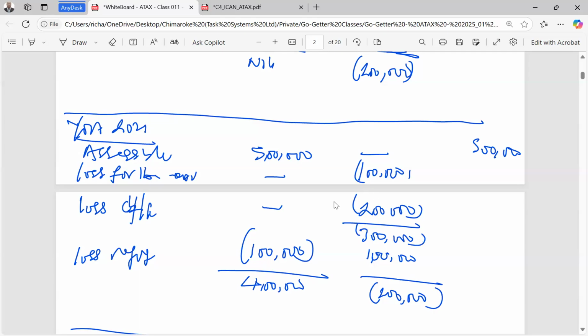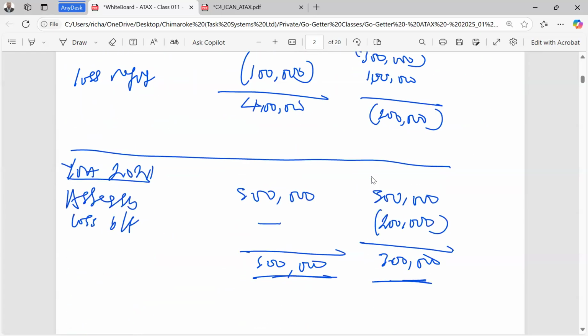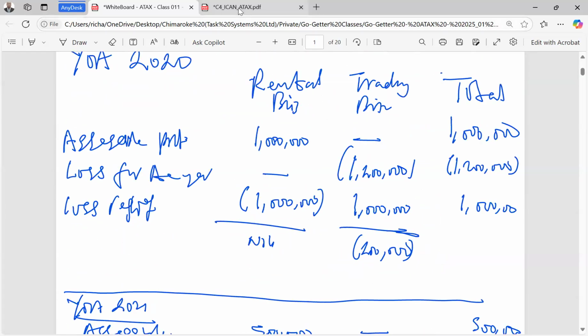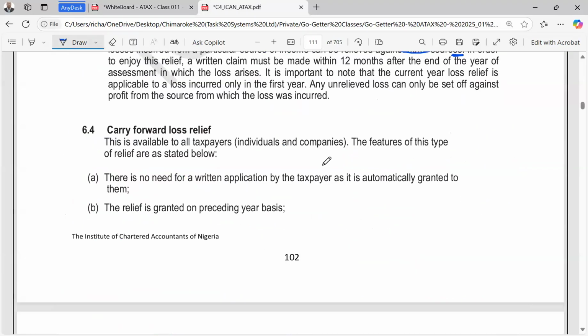Because this 200 was a carry forward loss, you don't need any written agreement or information to bring it again. It's only this 100,000 that you need to write because it's a current year loss. So for a company doing carry forward loss, and even an individual, there is no need to write.